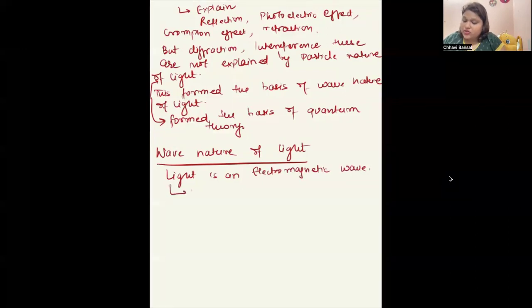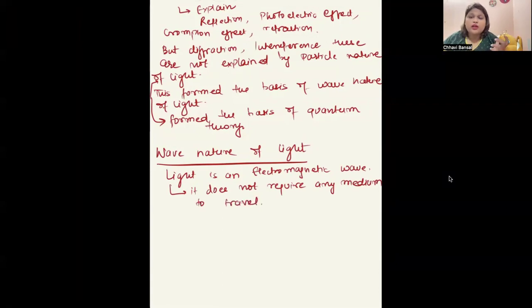And it does not require any medium to travel. For example, light can travel in vacuum also, where there is no medium present, no particles present. There also light can travel because it's an electromagnetic wave.